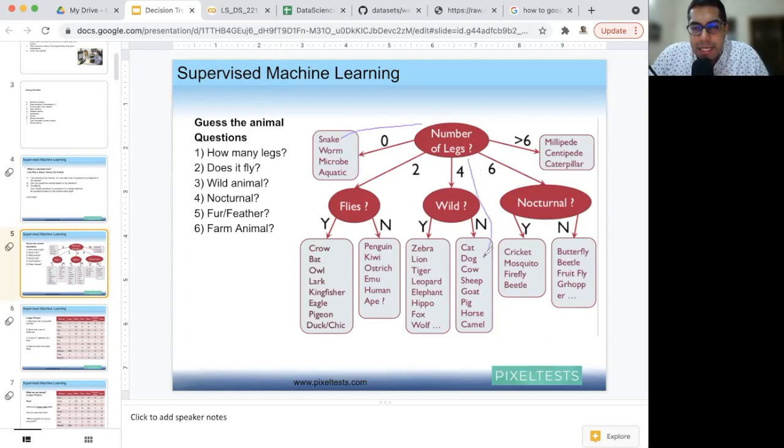Now, if it's wild and it has 4 legs, maybe it's a tiger, right? And then you say, okay, number of legs is 2. Okay, that's interesting. Then you ask, does it fly? So maybe it's a crow, right? These are the usual paths that are traveled.